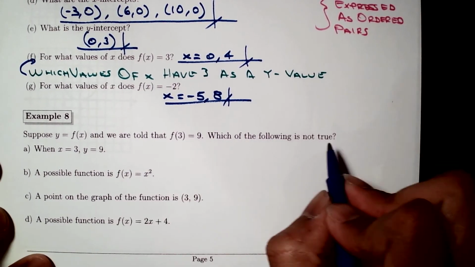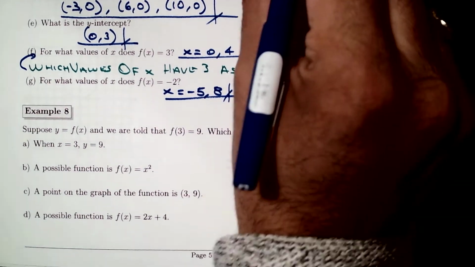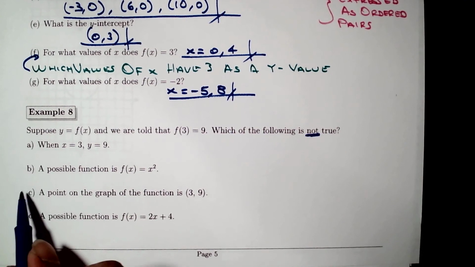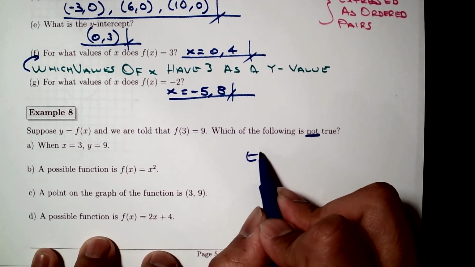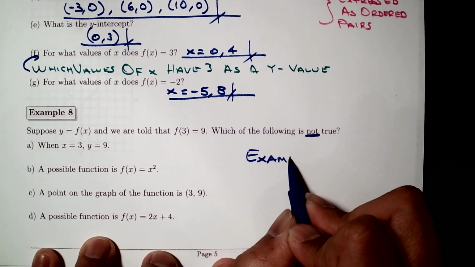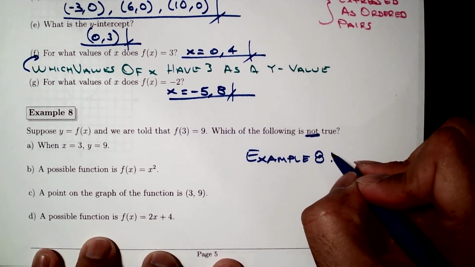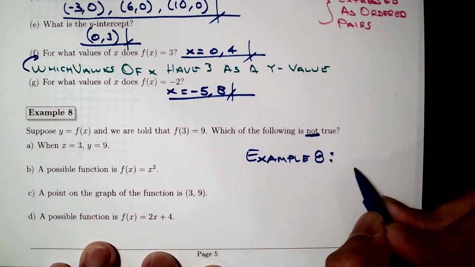Notice we're looking for the one that is not correct, that is not true. If you are printing these PDF files and working on them, then just circle the letter that you believe is the one that is not right. Otherwise, if you are writing your notes on paper in your notebook, just write example 8, colon, and then write down the letter you believe is right.